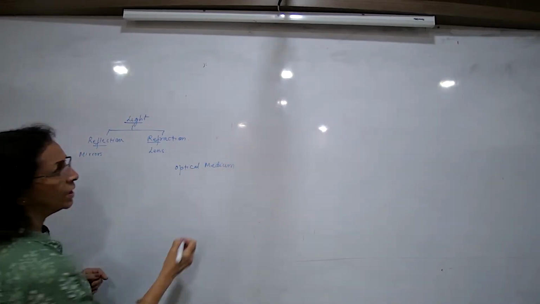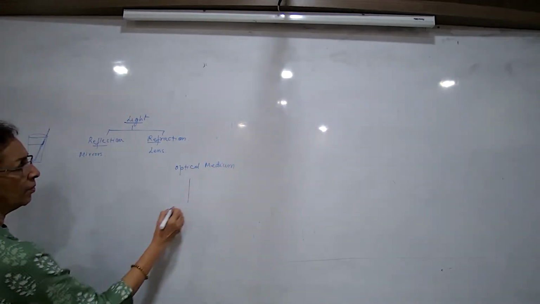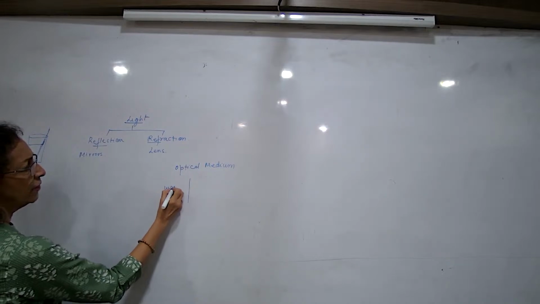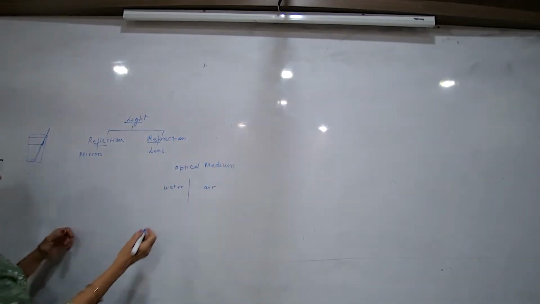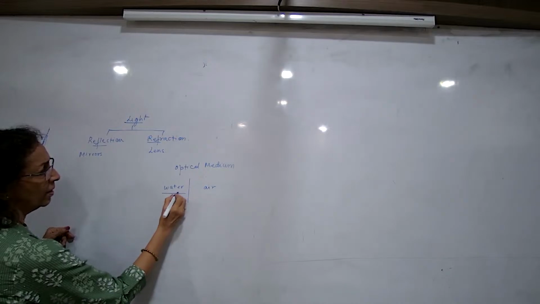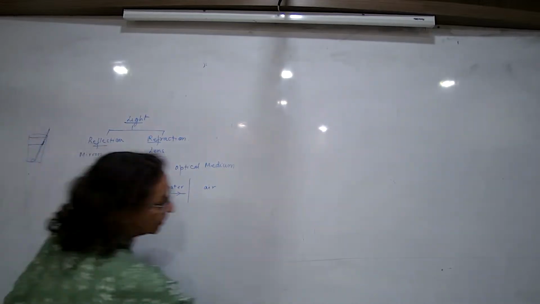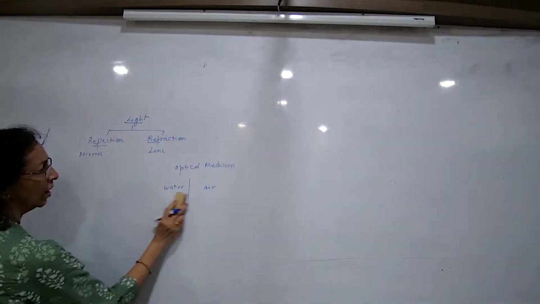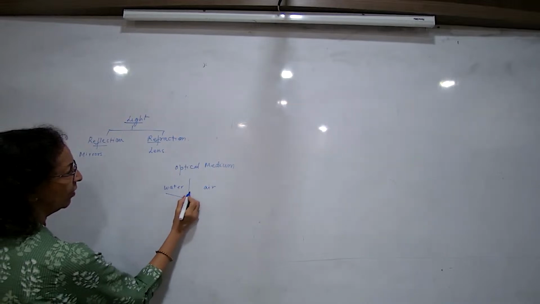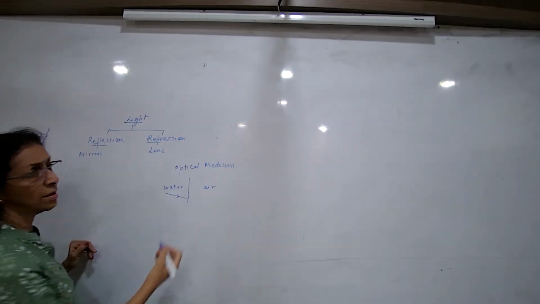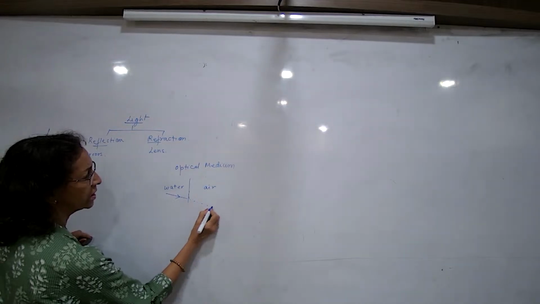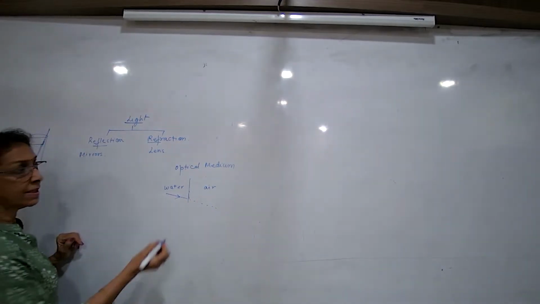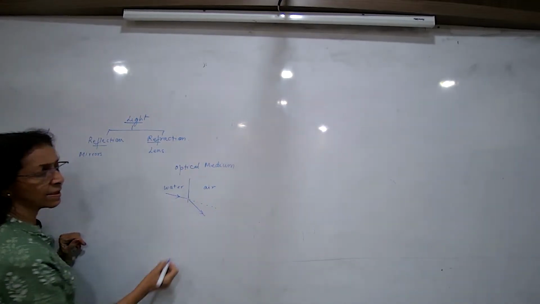Now, did you understand that there were two media? What are the two media? Here we have taken water, and obviously outside there is air. So when light is coming from water and it is moving into air, it will not go in a straight line, but there is a bending which is actually taking place.